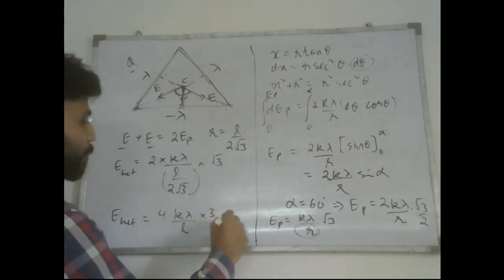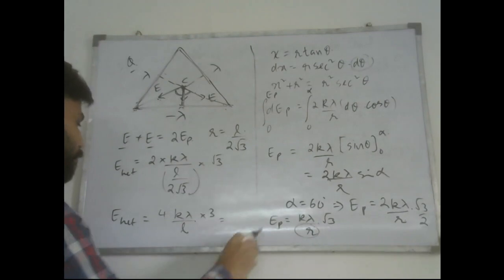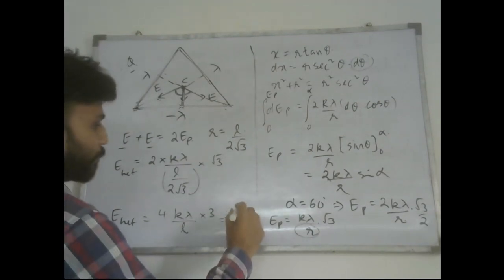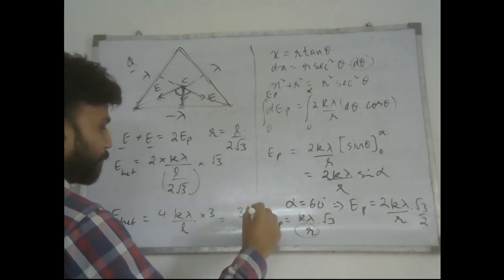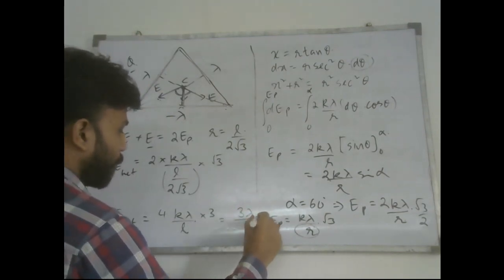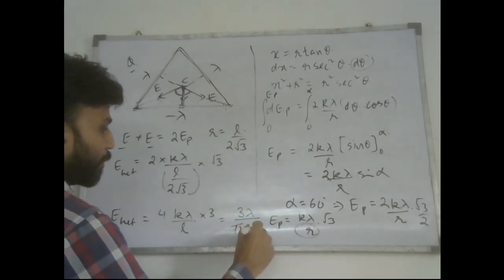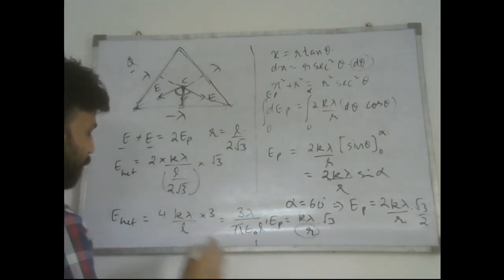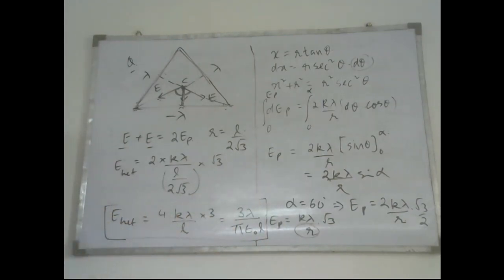So this would come out to be 3 lambda upon pi epsilon naught L. This is the expression for the net electric field at the centroid of this charge distribution.